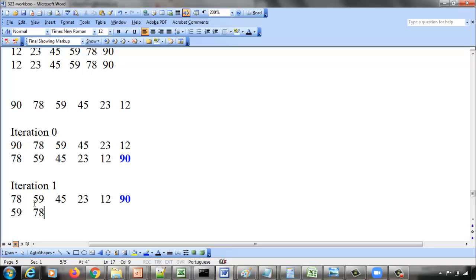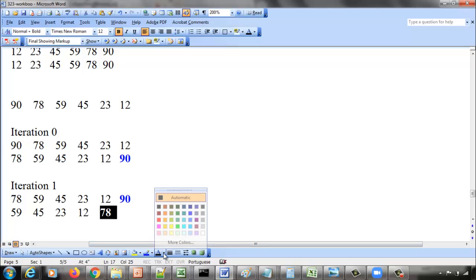Then 78 with 45, 78 greater than 45, so swap them. Then 78 with 23, 78 greater than 23, so swap. Then 78 with 12, 78 greater than 12, so swap. And that's the last element in the unsorted portion, so we can say 78 has bubbled all the way to its final position, and that's its position here, and then 90. So this is the sorted portion, the 78 and 90, and that's the unsorted portion.